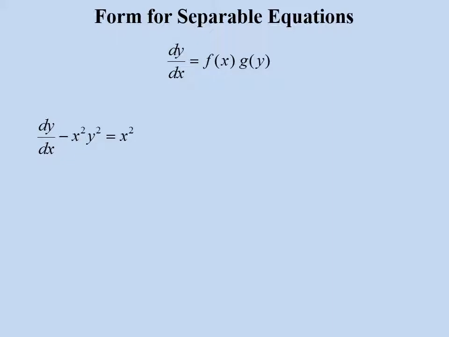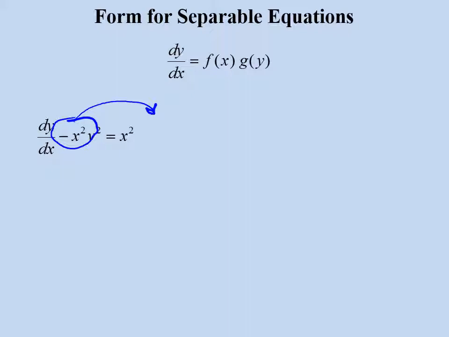So let's take a look at some differential equations and see what it is we're talking about. If we take this differential equation, to get it into separable form, what we need is for this to go to the other side. Then it will be at least in derivative formula form.